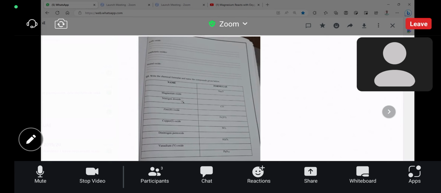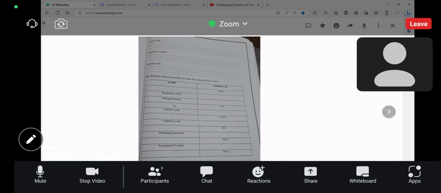This is nitrogen dioxide, and this is dinitrogen oxide. Can you understand the difference? Here there are two nitrogens and one oxygen. So the spelling is very important.